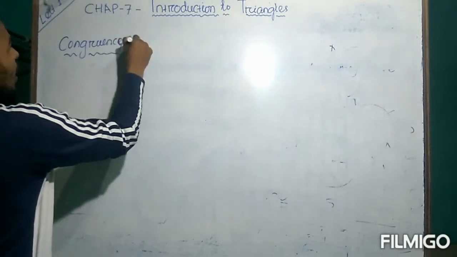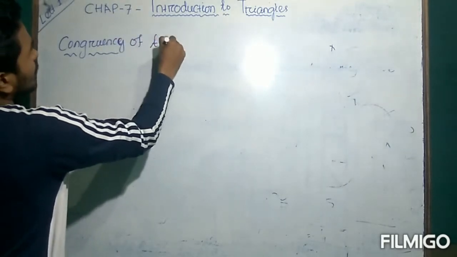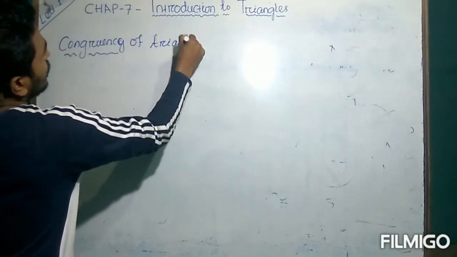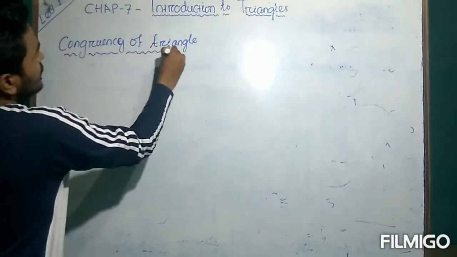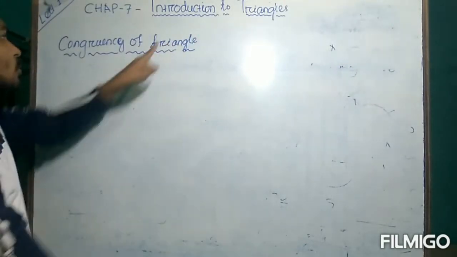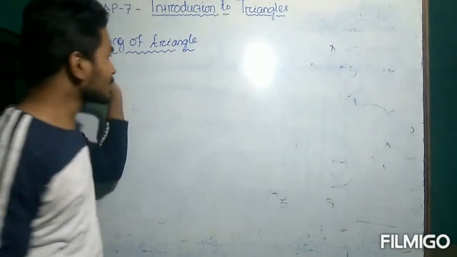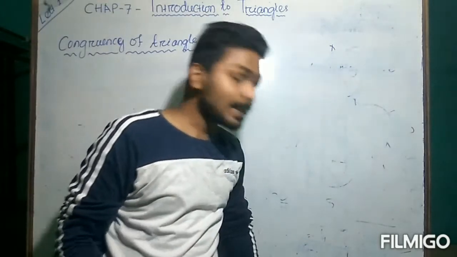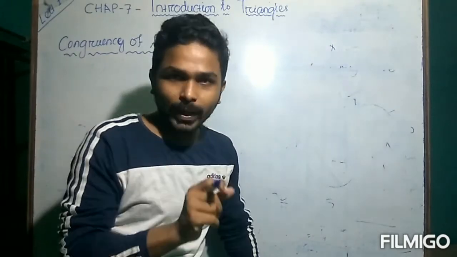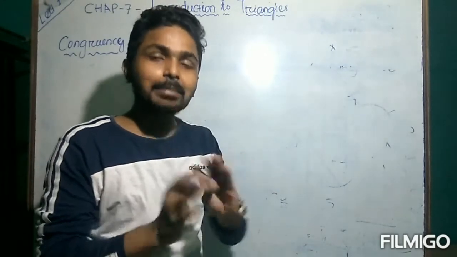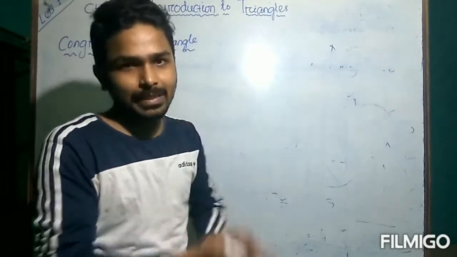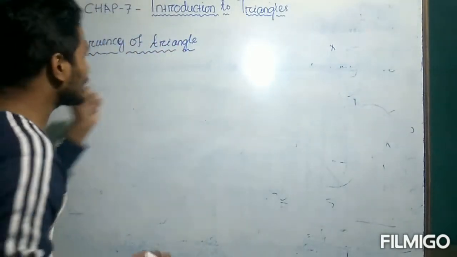Congruency of triangle, right? So, how two triangles are congruent, we will discuss here. As I have told you, two triangles will be congruent if the two triangles have the same shape and same size. This is the literal meaning, right?